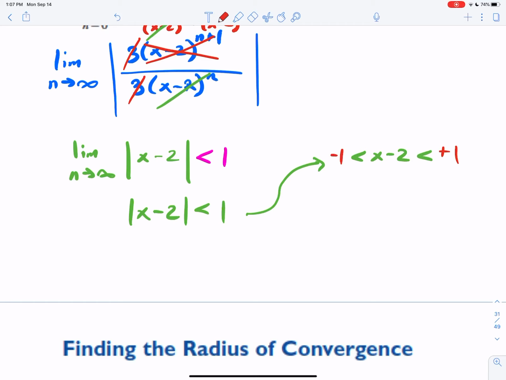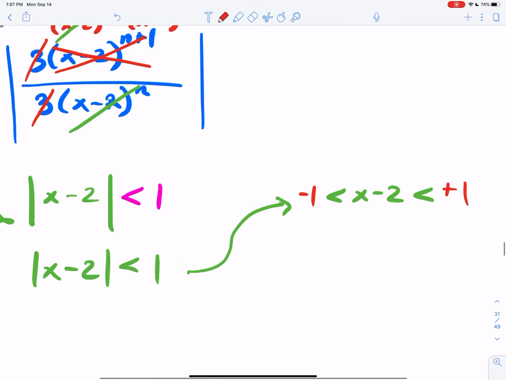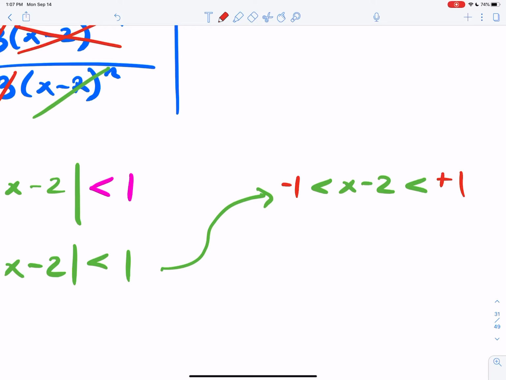Without the absolute value bars, you cannot do that, and that's what a lot of people forget to do. They go through everything here and forget that last piece. This right here is basically your interval of convergence. We'll talk about that in a second.